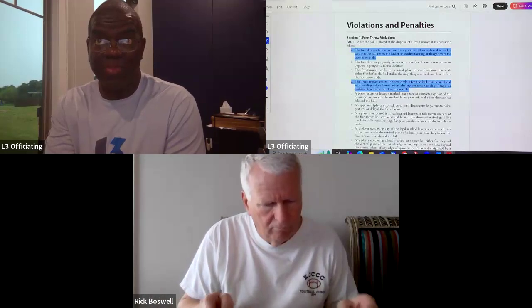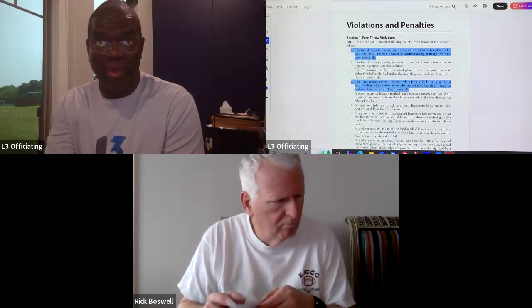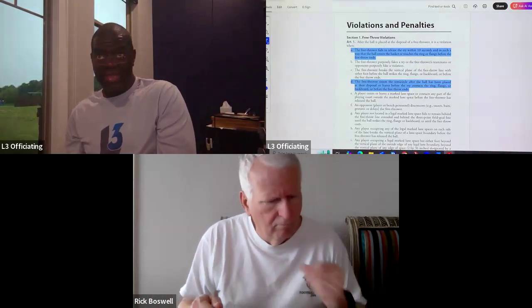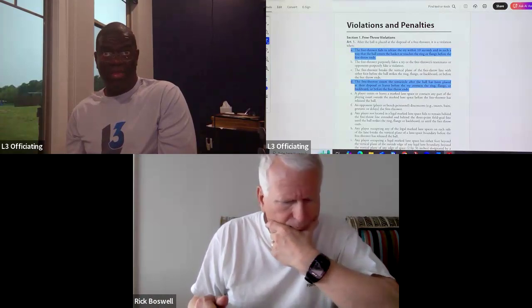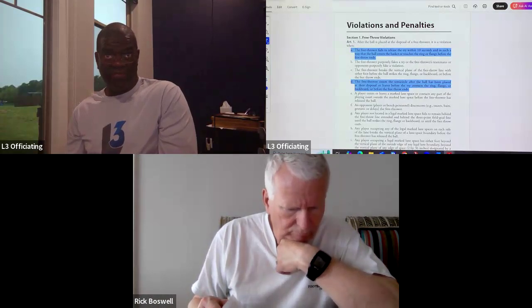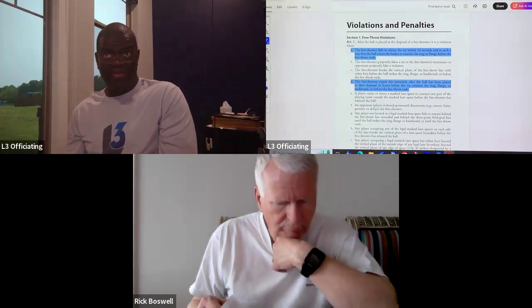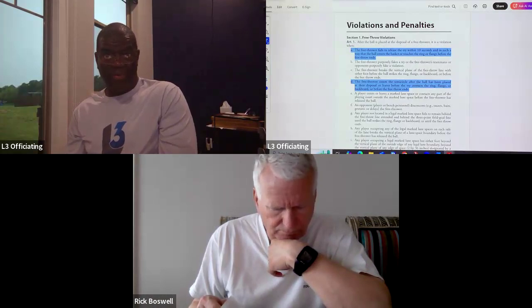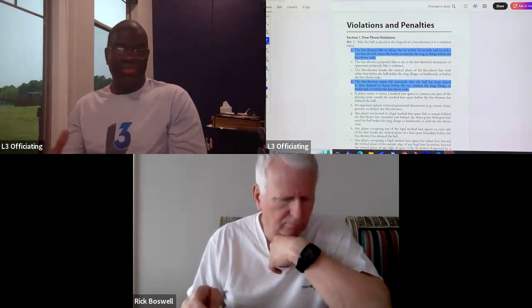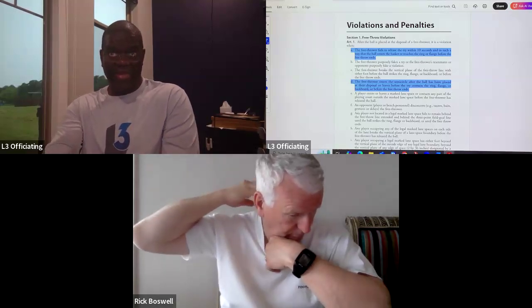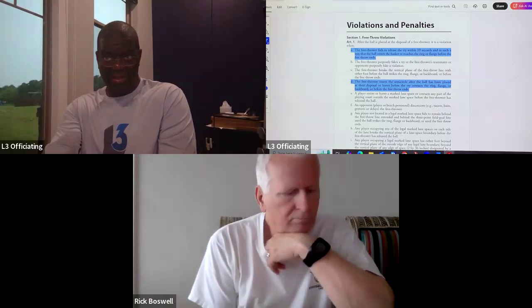After the ball is placed at the disposal of a free thrower, it is a violation when A, the free thrower fails to release the try within 10 seconds and in such a way that the ball enters the basket or touches the ring or flange before the free throw ends. D, the free thrower enters the semicircle after the ball has been placed at their disposal or leaves before the try contacts the ring, flange, or backboard, or before the free throw ends. So yes, you see there's a consistency of what the free thrower can and cannot do and what we consider to be a violation or not.